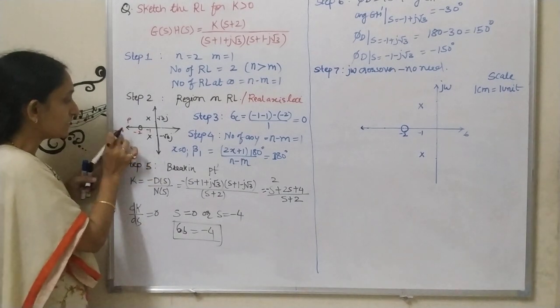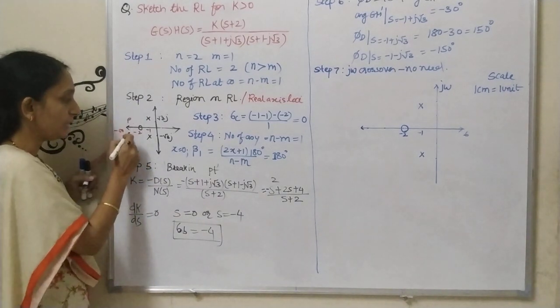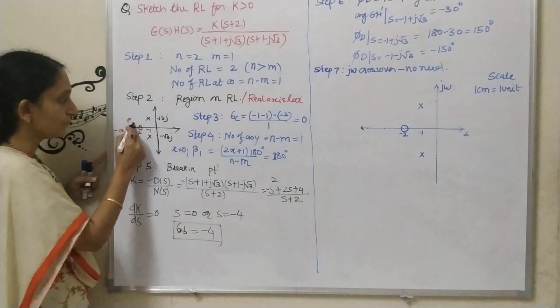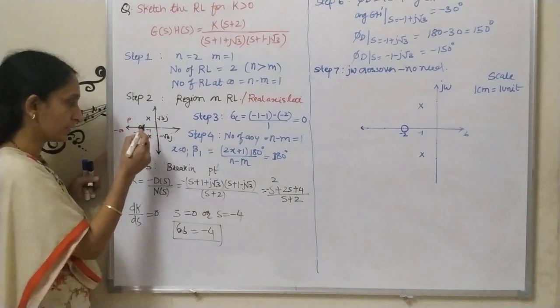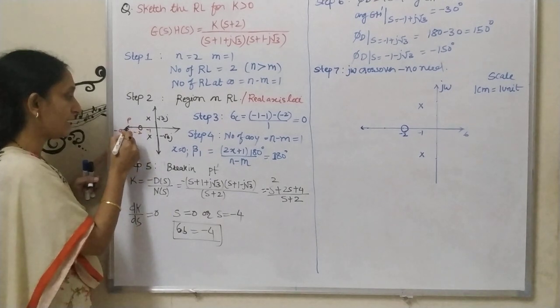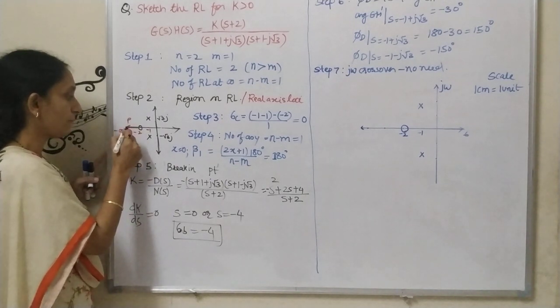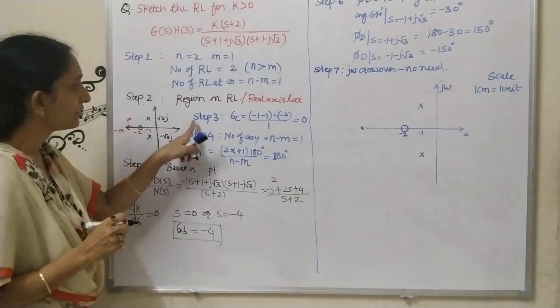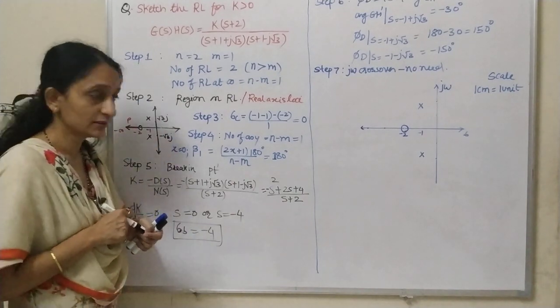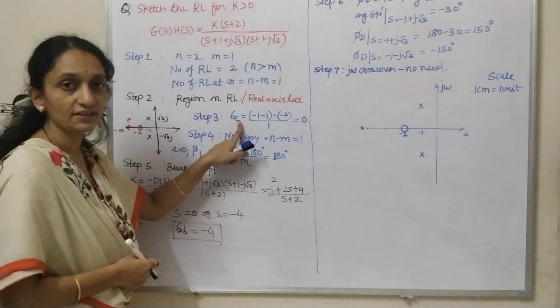On the right-hand side of this point P only one zero is there, so that is an odd number. So from minus 2 to minus infinity, this will be the region on root locus.